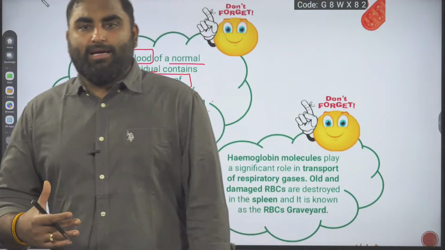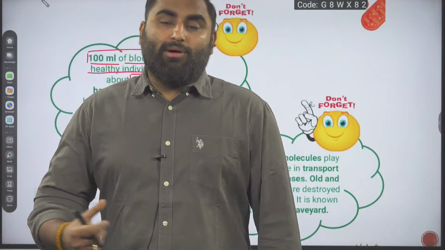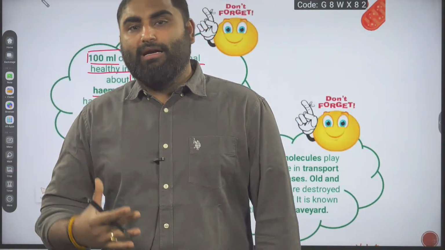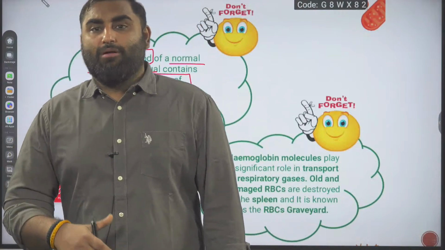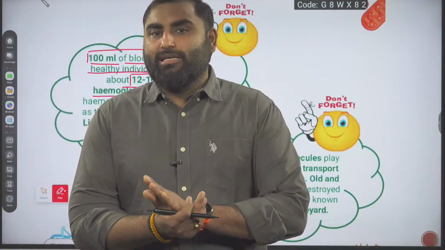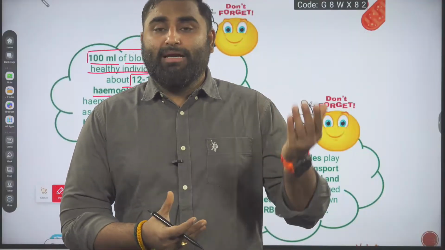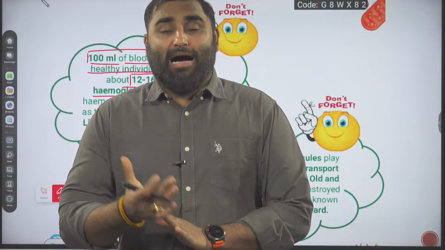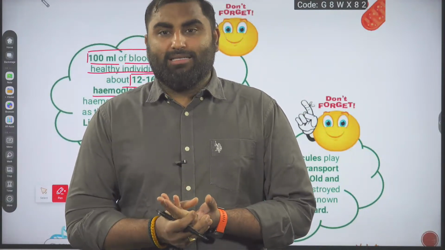Anemia is a condition where the hemoglobin or the RBC count is very low. Anemia is a very tricky disease. A lot of Indian females, and nowadays males also, suffer from anemia because of lack of vitamin B12 in the diet or iron deficiency. A lot of factors are there.